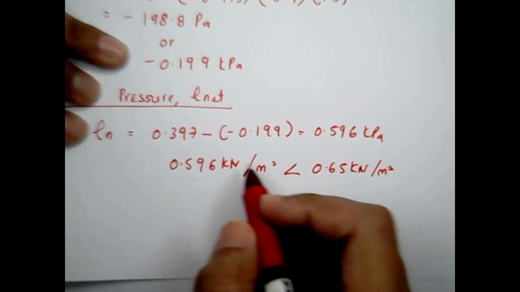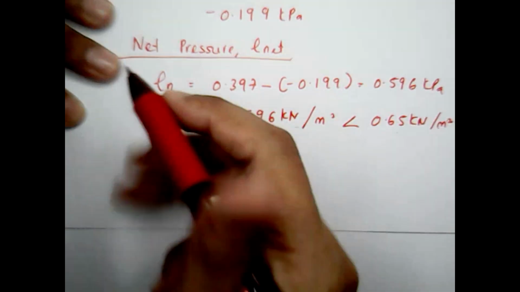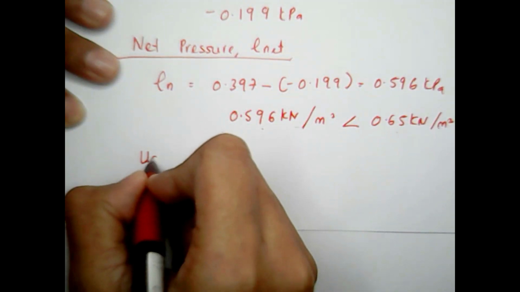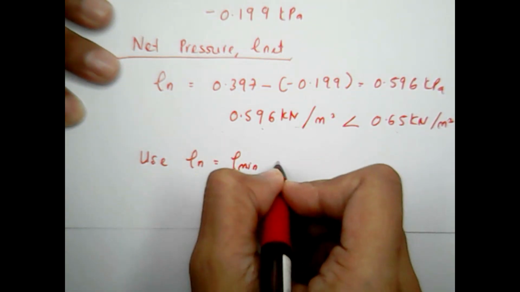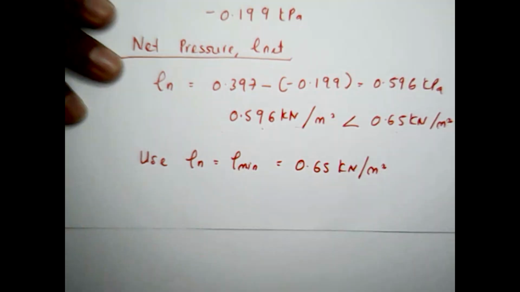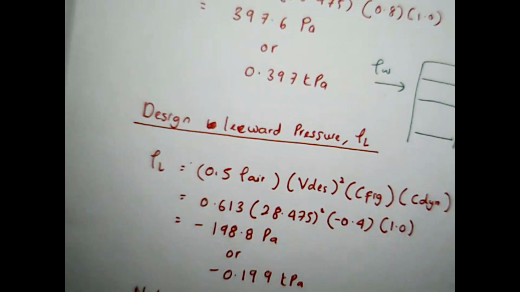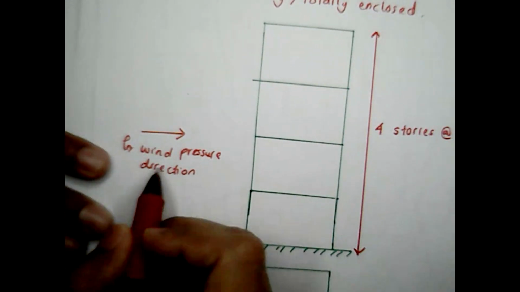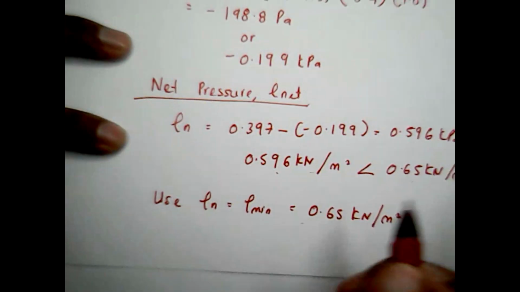Because it is lesser, we have to use our minimum pressure as the net pressure, which is 0.65 kilonewton per meter squared. So in other words, the wind pressure that we wanted to find is 0.65 kilonewton per meter squared.